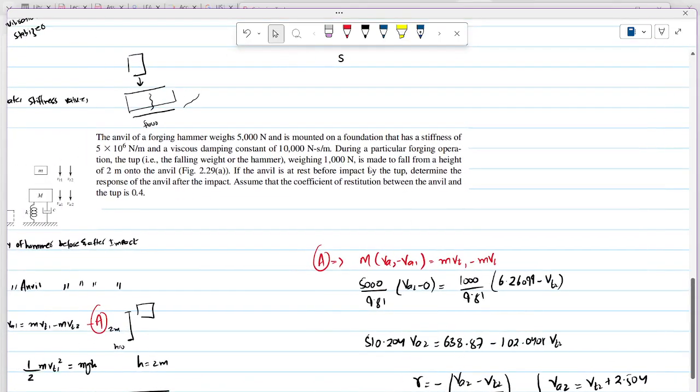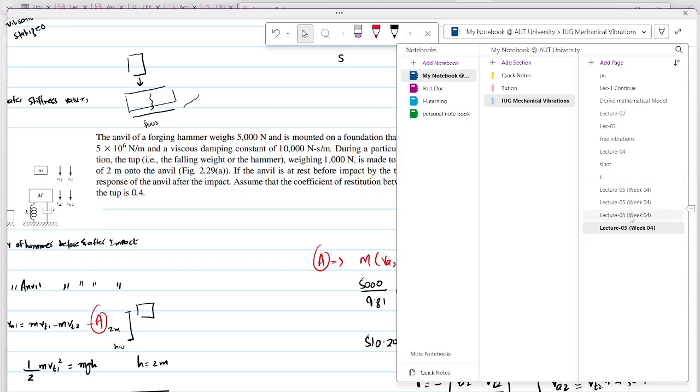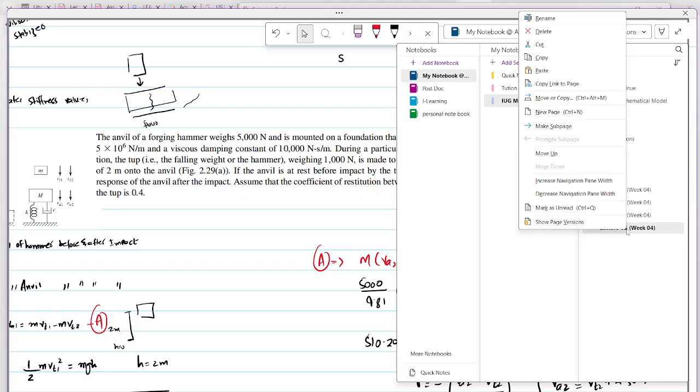And in fact, what they want us to find is to determine the response of the anvil after the impact. Just make another copy.